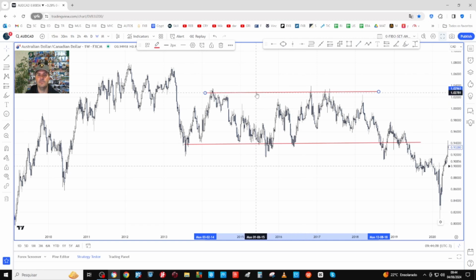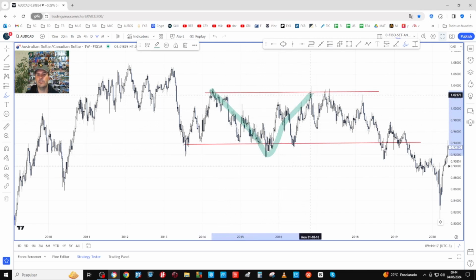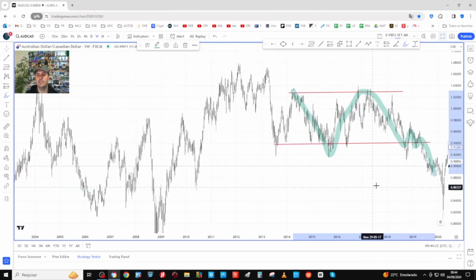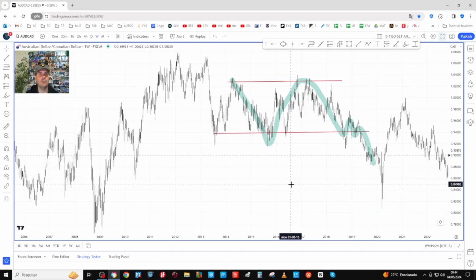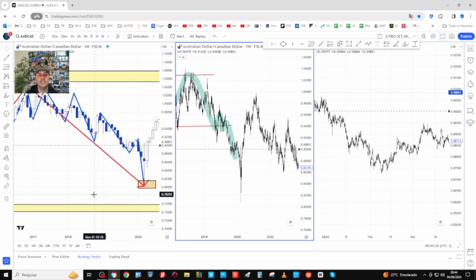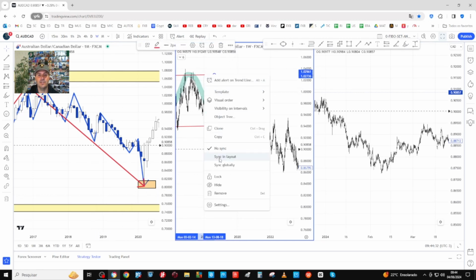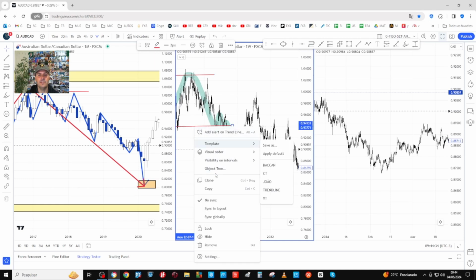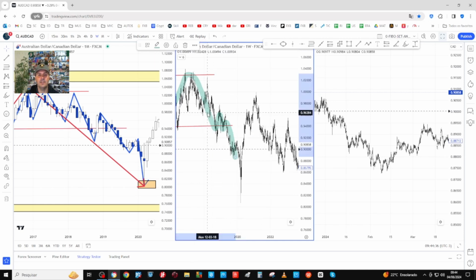Can you see it? The market went from resistance to support to resistance to support, and then eventually it broke down, right? It went into the direction of this guy, left click, sync in layout.